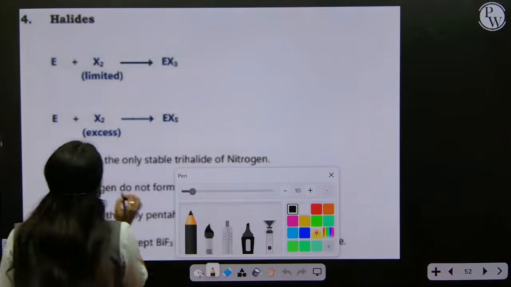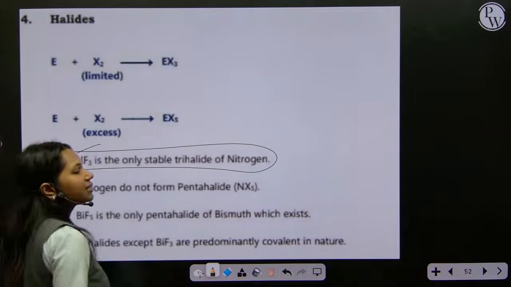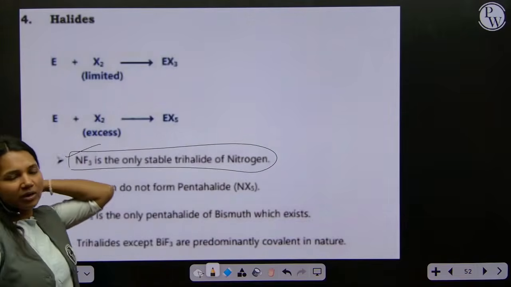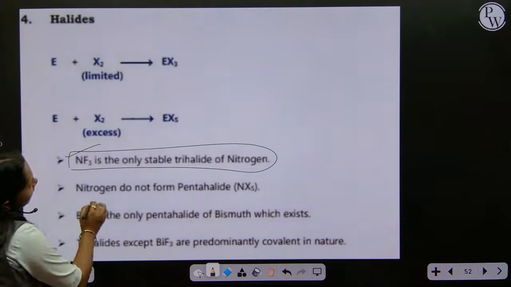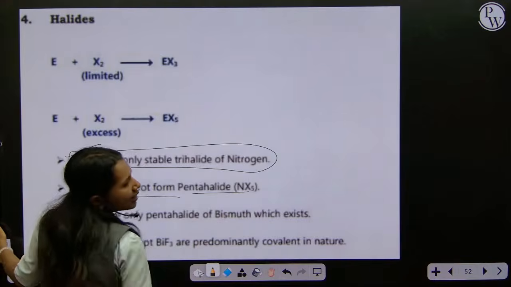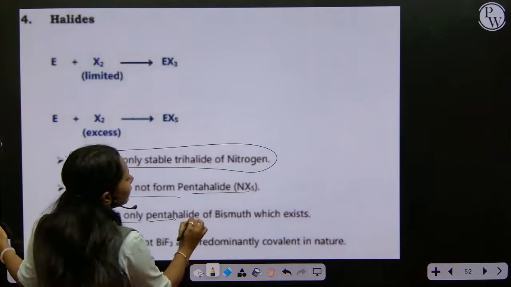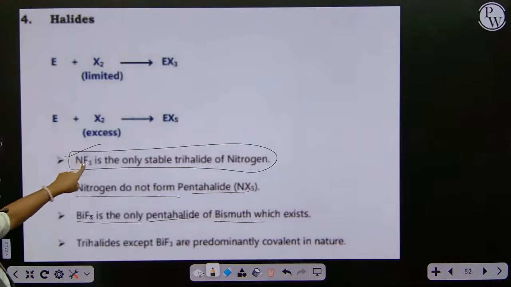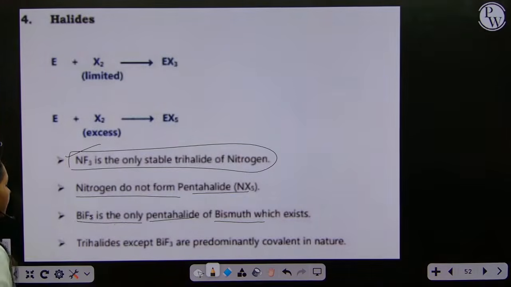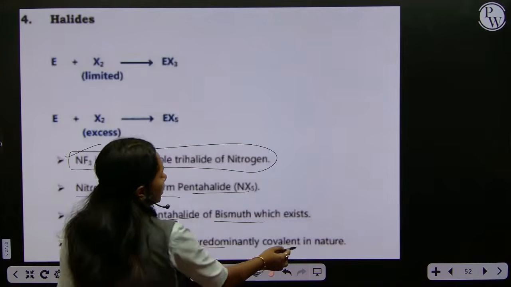Very, very important. NF3 is the only stable trihalide of nitrogen. In the exam, they can ask you which trihalide of nitrogen exists. NF3 is the only stable trihalide of nitrogen. Nitrogen does not form pentahalide. BiF5 is the only pentahalide of bismuth which exists. Trihalides except bismuth are predominantly covalent in nature.